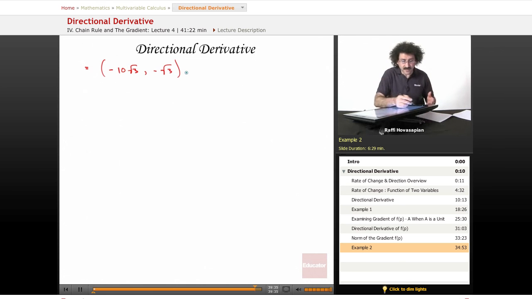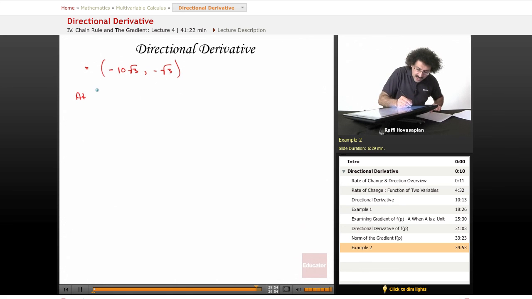That's it, this vector. If I move in the direction of the vector minus 10 rad 3, minus rad 3, from pi over 3 at that point, that's the direction that's going to give me the maximal increase in the temperature, the direction of the gradient vector.